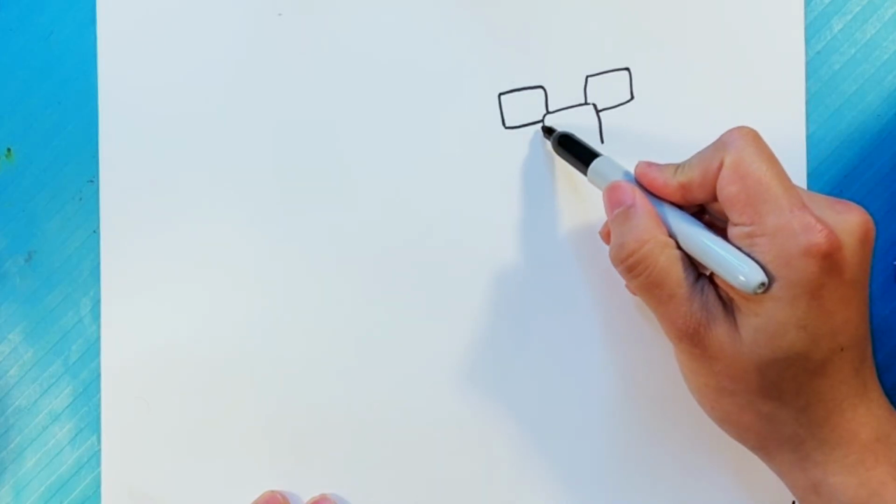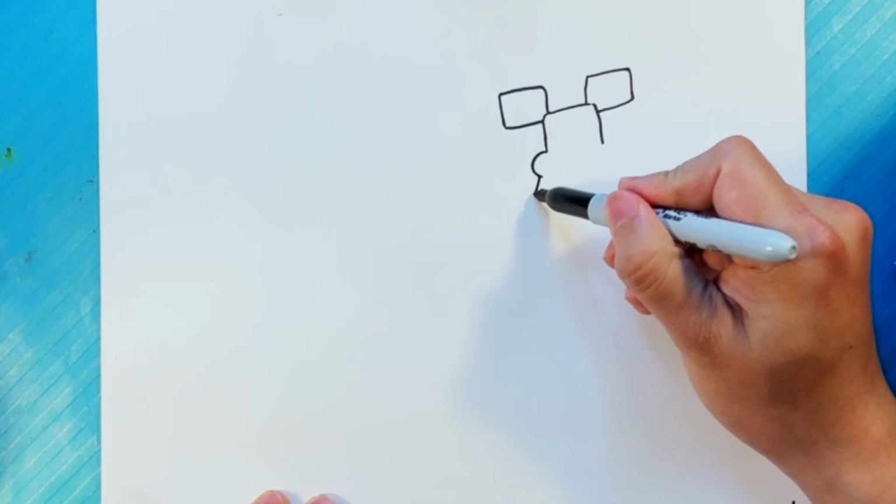Okay. I'm going to pull this line down. We're going to put like a C shape right here. C shape right there. Over here, it's going to be the bottom of the mouth. You'll see it'll come together.